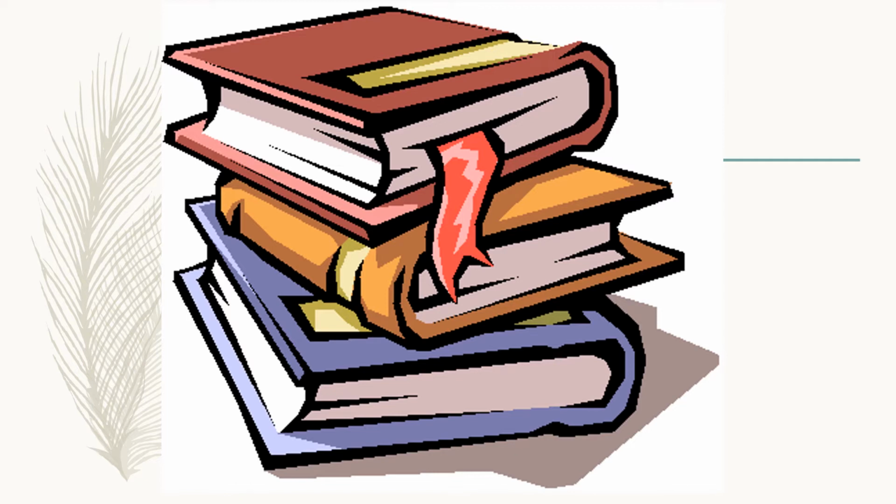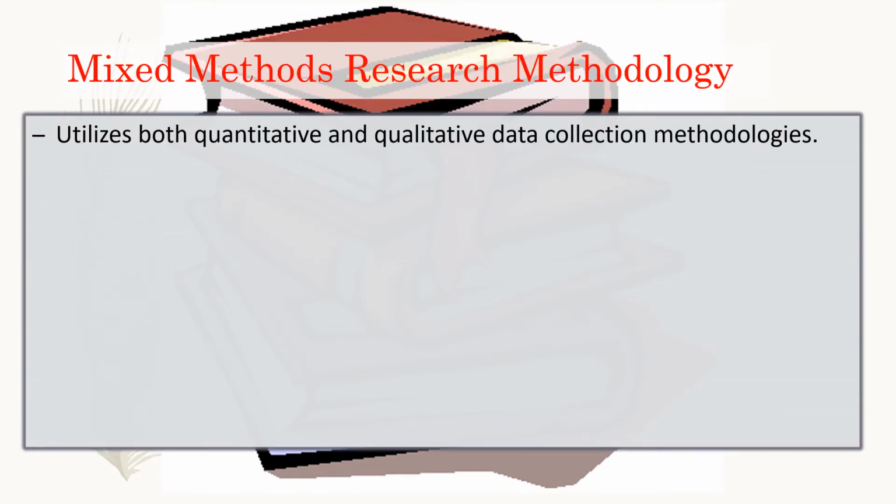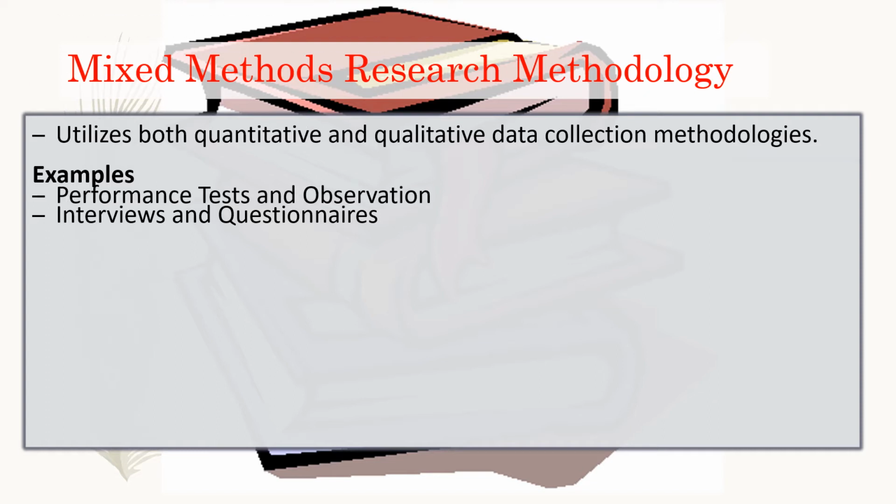Okay, after the rationales that we discussed regarding mixed method research design, we'll go now to the methods of data gathering, the mixed methods research methodology. When you gather data, you should utilize both quantitative and qualitative data collection methodologies. These are examples of quantitative and qualitative data collection. First, you can do interviews or you can give questionnaires.